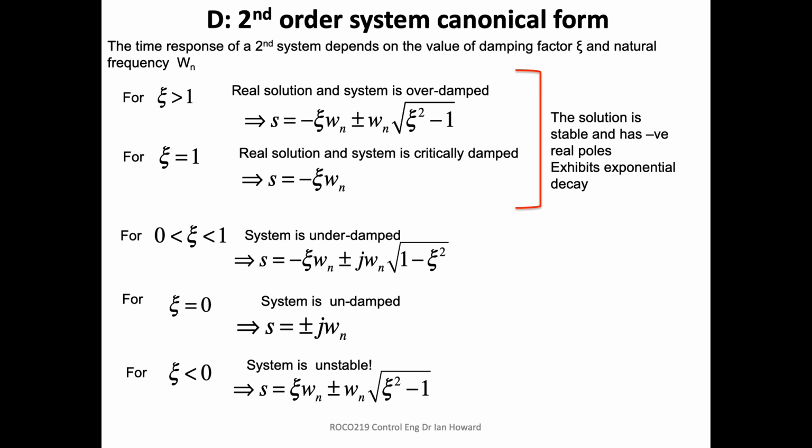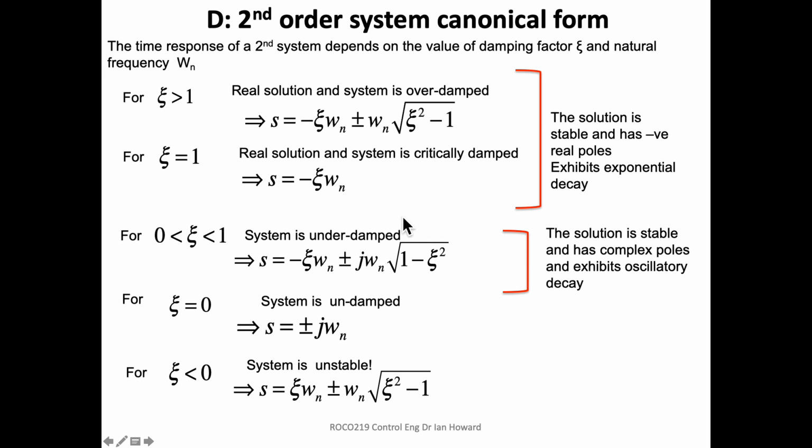So, in the condition where we have zeta equals 1 or more, so 1 is critically damped, but more is overdamped, we've just got a solution which is not oscillatory at all, it's just exponentially decaying. If we've got this value of zeta between 0 and 1, we've got an underdamped system, so we have an imaginary component to the pole, so therefore there's going to be oscillatory components, but it's going to be decaying.